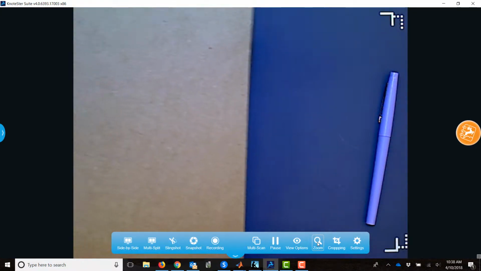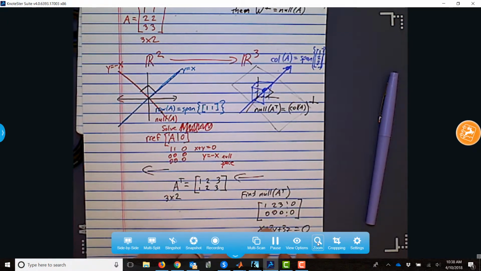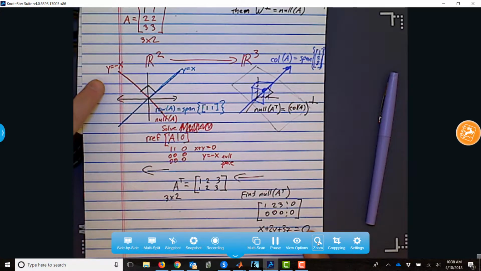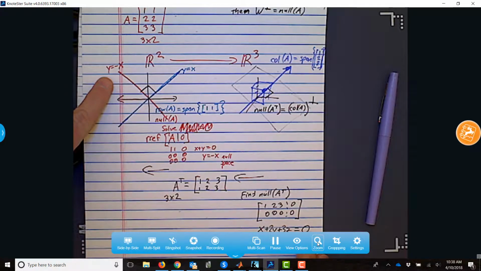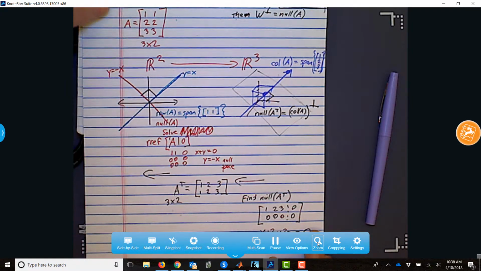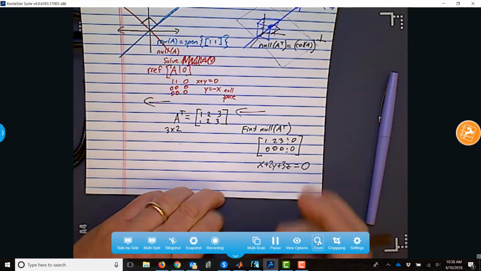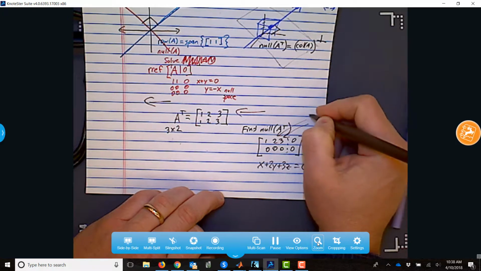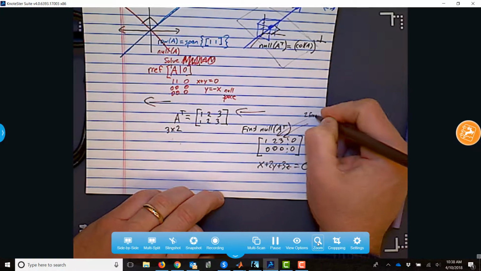Which plane? The plane that is the null space of A transpose. I thought that was a line, not a plane. Which one? The null space of A is a line, but the null space of A transpose ends up being a plane. And we showed that down here, because you'll notice that when we did the reduced row echelon form of A transpose, there were two free variables.